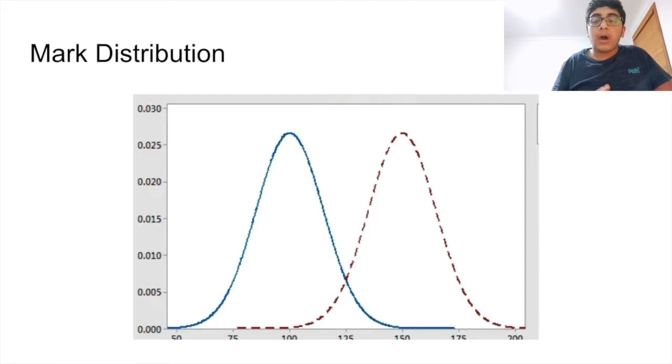Your HSC mark is like your time. If you're running a marathon, your HSC mark is like the time that you took to run the entire marathon. But the position that you get in the marathon is the actual ATAR that you get.